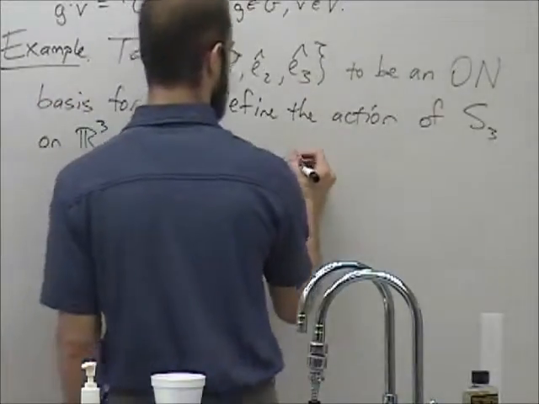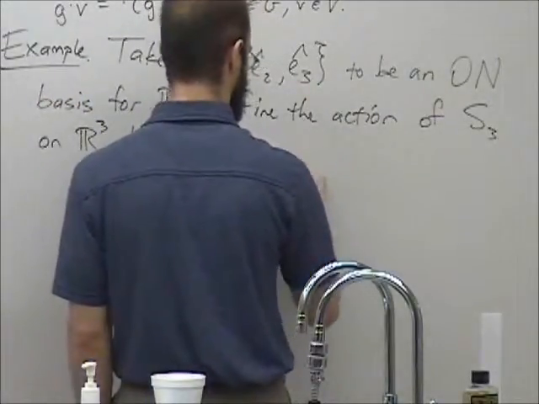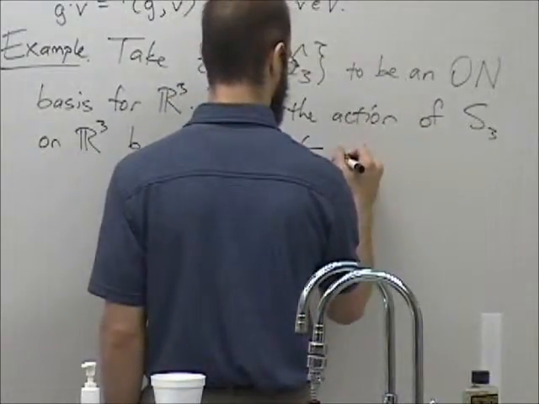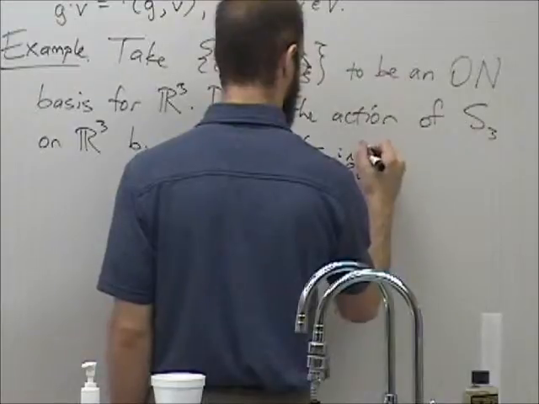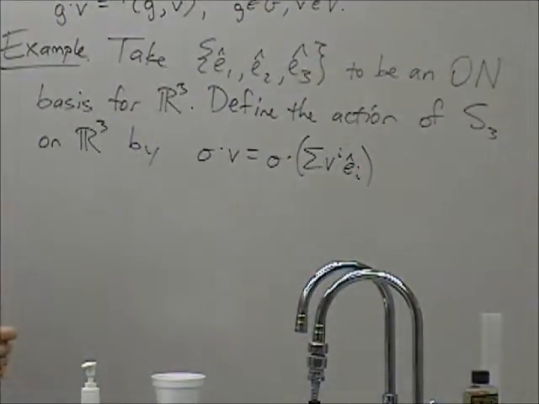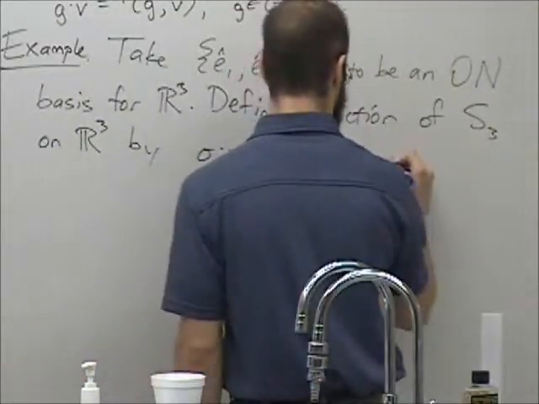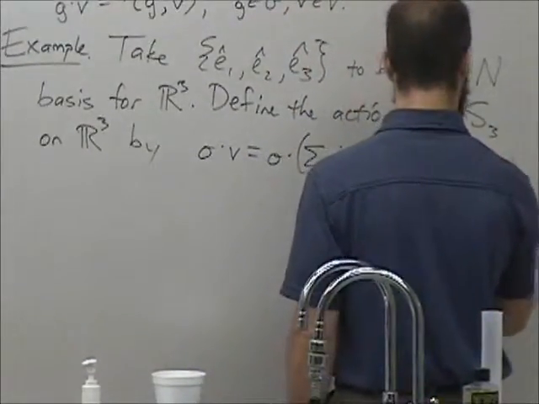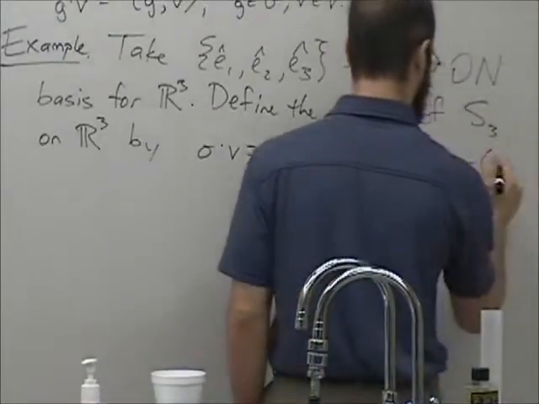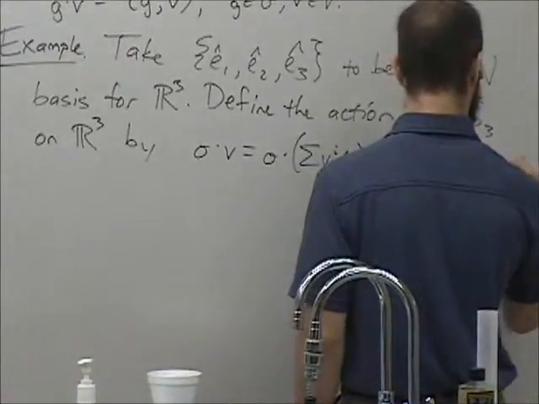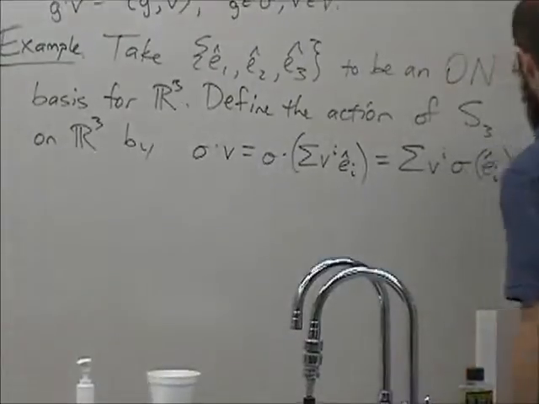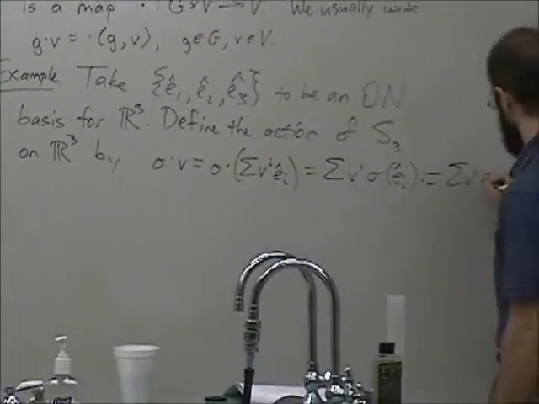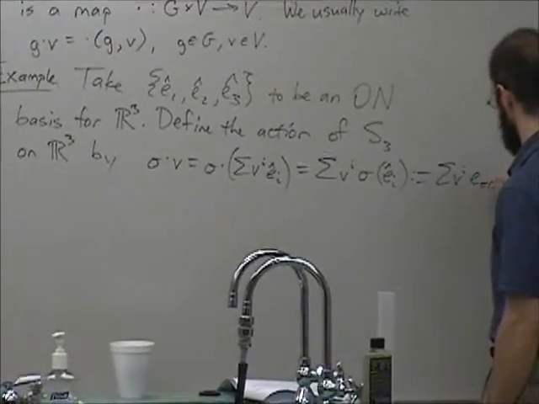equals, now I'm going to do a basis expansion of V, sigma dot V, that's just going to be the sum of v_i sigma of e_i, which I'm going to define to be e sub sigma of i.